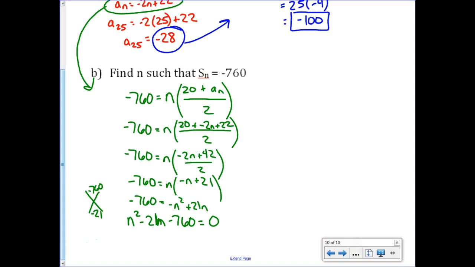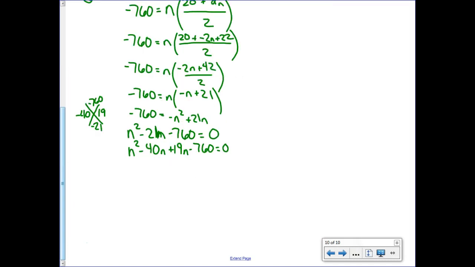Pause the video, take a minute if you want to work through that. I get negative 40 and 19. So n squared minus 40n plus 19n minus 760 is equal to 0.